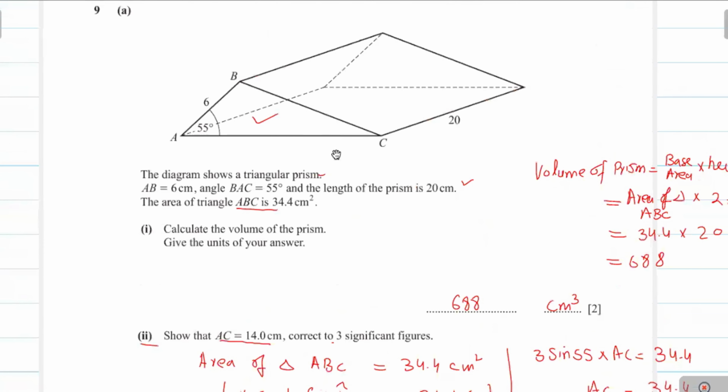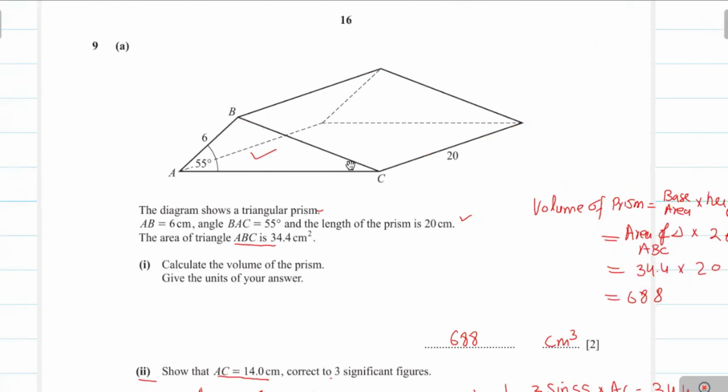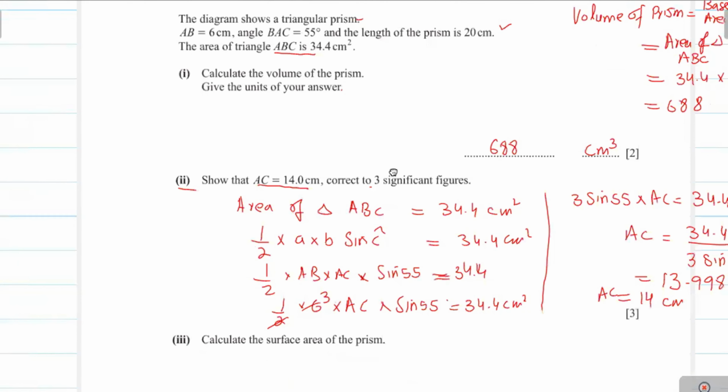You see here the total surfaces of this prism are two bases and three rectangles.